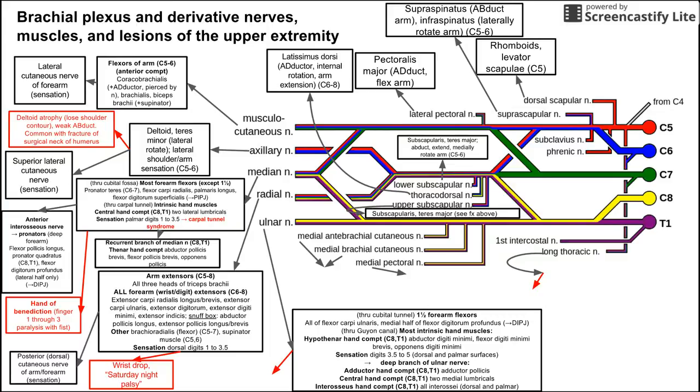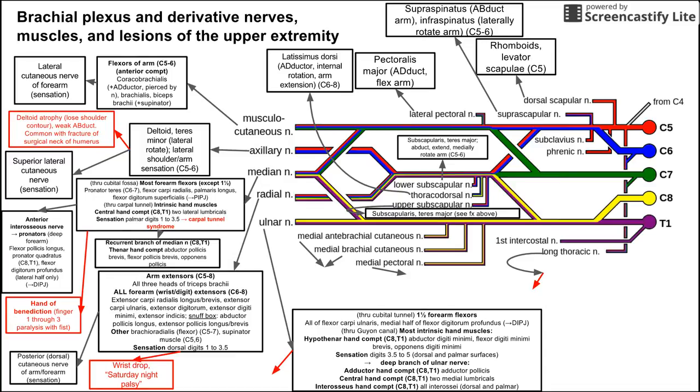The ulnar nerve then splits off and has a deep branch, which goes deeper into your hand than the rest of the nerve, and this goes to the adductor hand compartment to innervate the adductor pollicis muscle. It also goes into the central hand compartment to innervate the two medial lumbricals.